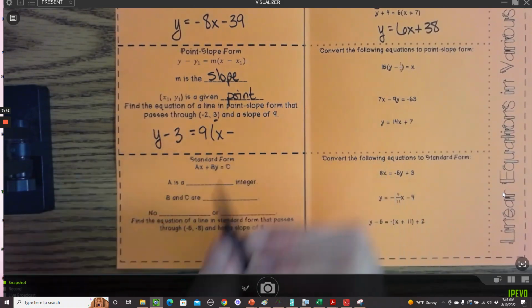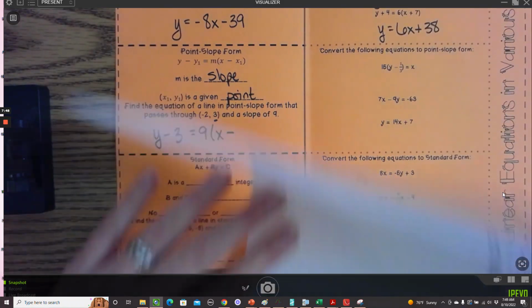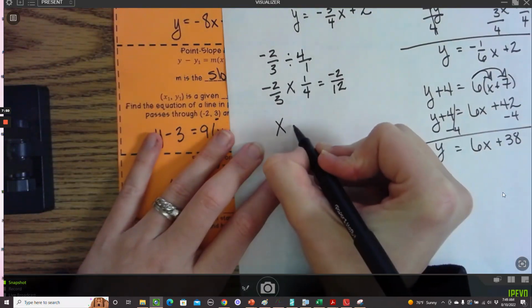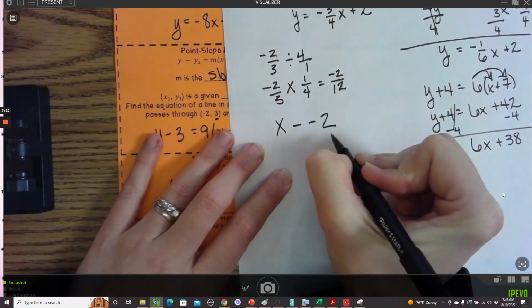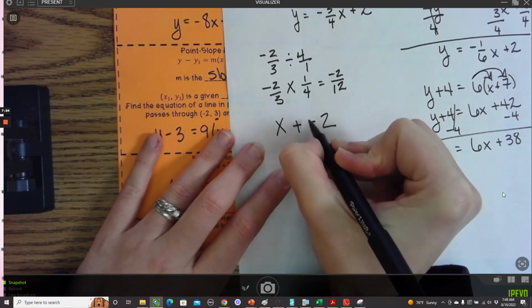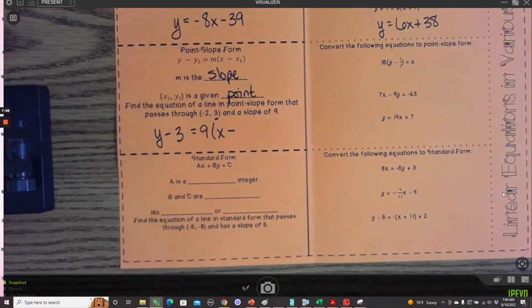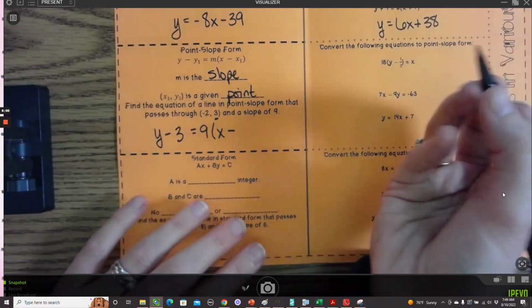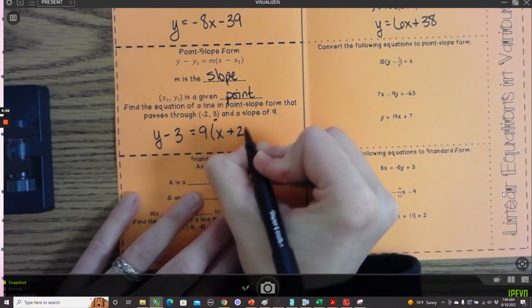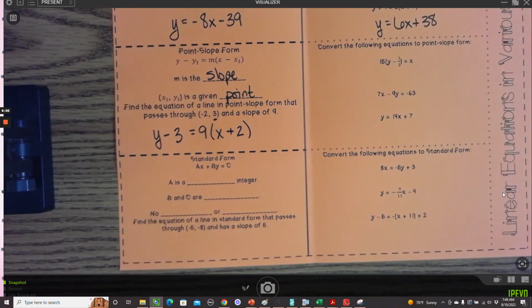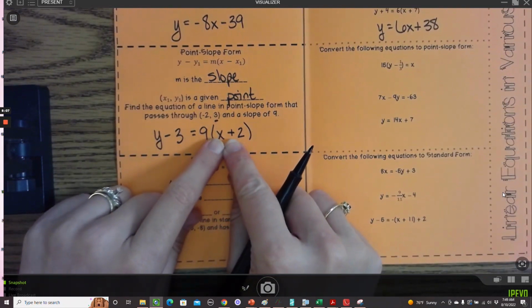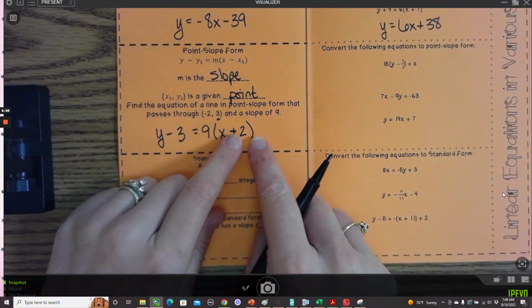That's sloppy. Add a line, change the sign. X minus a negative 2 is the same as x plus 2. And here's where that algebra comes into play. If this is a plus here, you should automatically go, oh, that means 2 is negative.